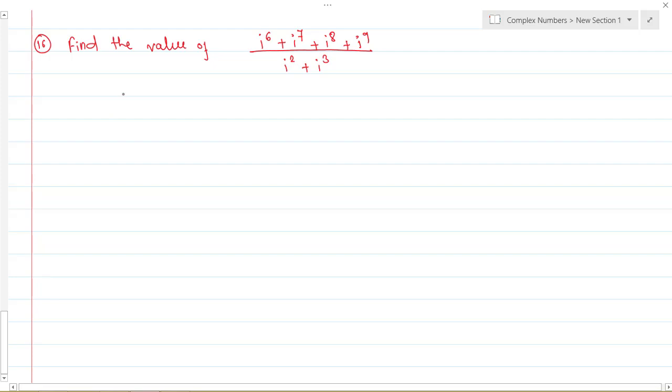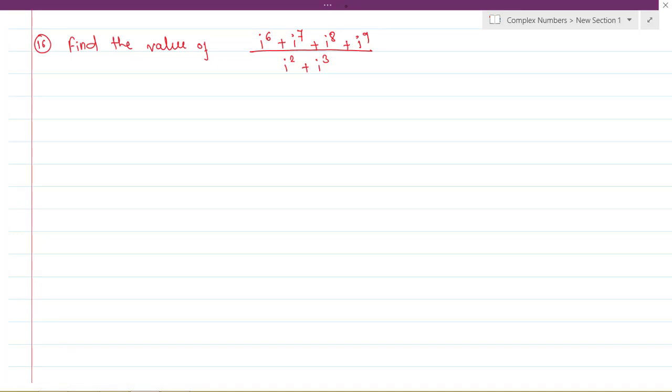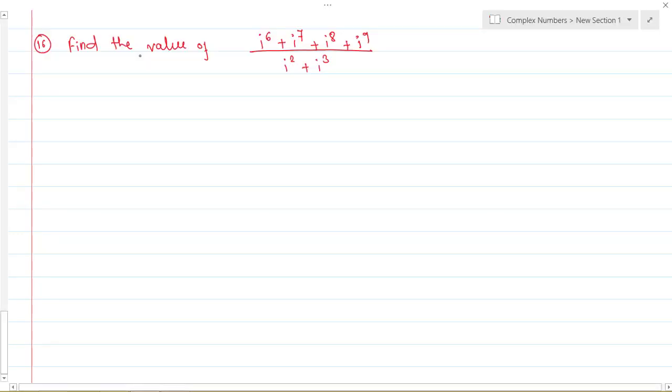Okay, so I will be solving this question as far as your board examination is concerned, and also will give you one small trick to solve this in just seconds. Our first task is to get these into the square terms. If we observe this very carefully, we have i to the power 6 common in the numerator.